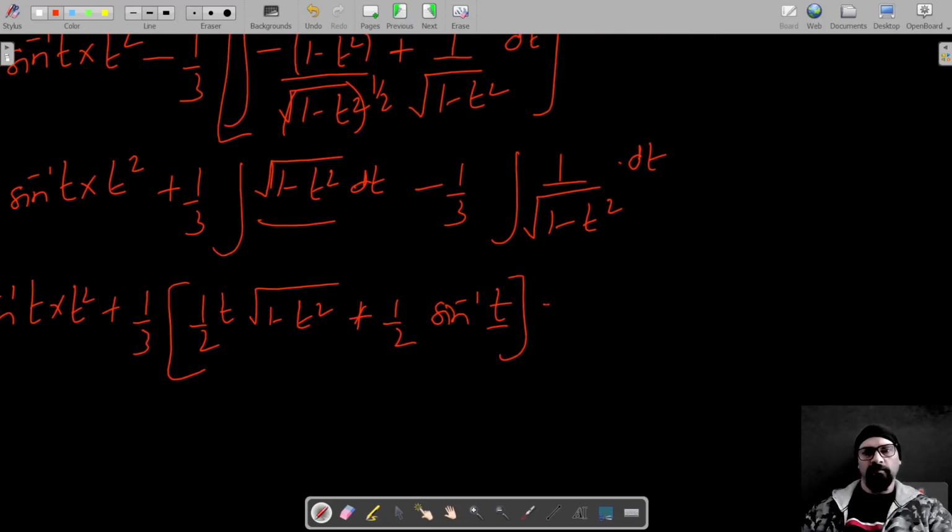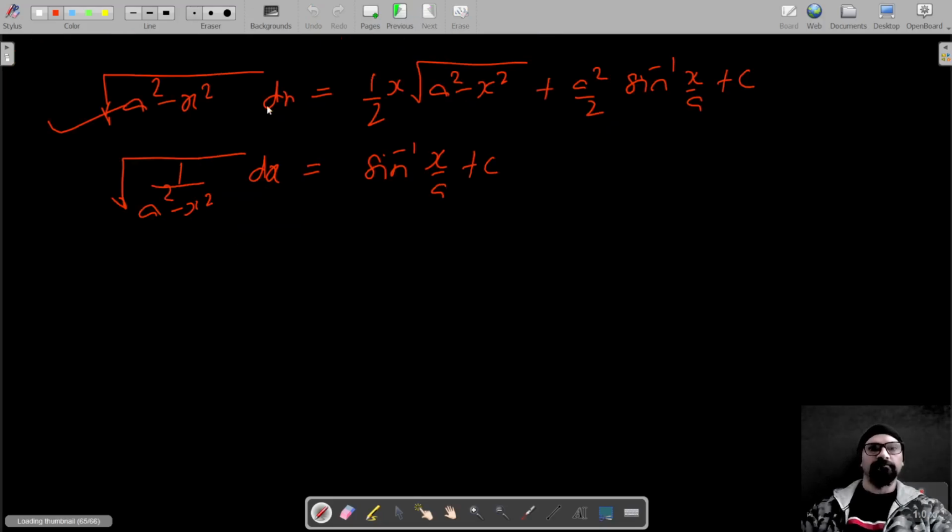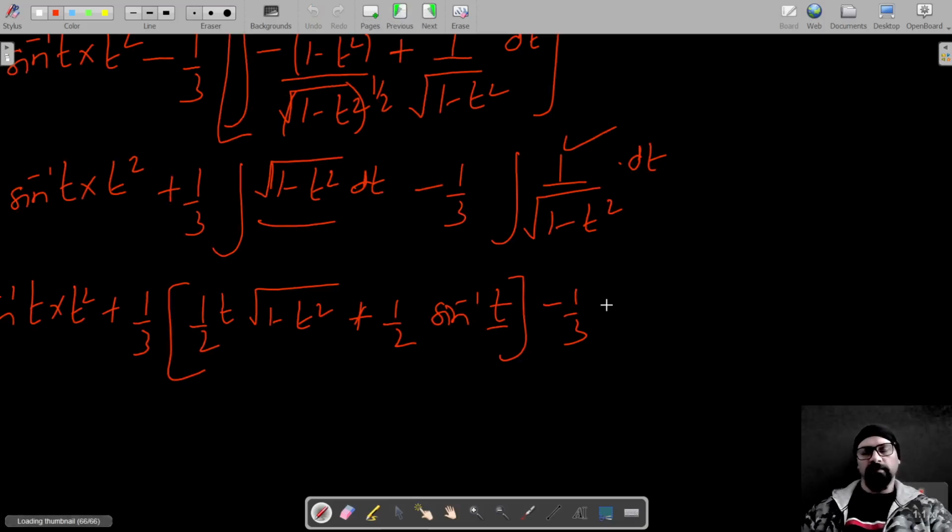This is now minus 1 by 3, and for this we are going to use a formula: 1 upon under root a square minus x square, which is sine inverse x by a. So this becomes sine inverse t by a, which is 1. Okay, plus c.